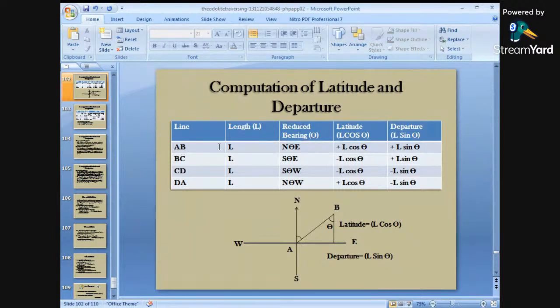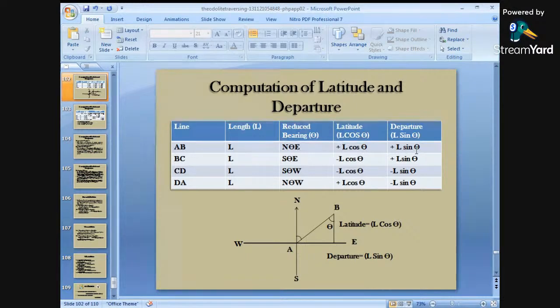So line AB will have a certain length, which has been marked as L. Now the reduced bearing is north some angle theta east. So this side will be L cos theta. This line representing the north-south direction is the latitude, L cos theta. The line which represents the east-west direction is called the departure, which is given by L sin theta. So in case of the first quadrant, it will be L cos theta and L sin theta.